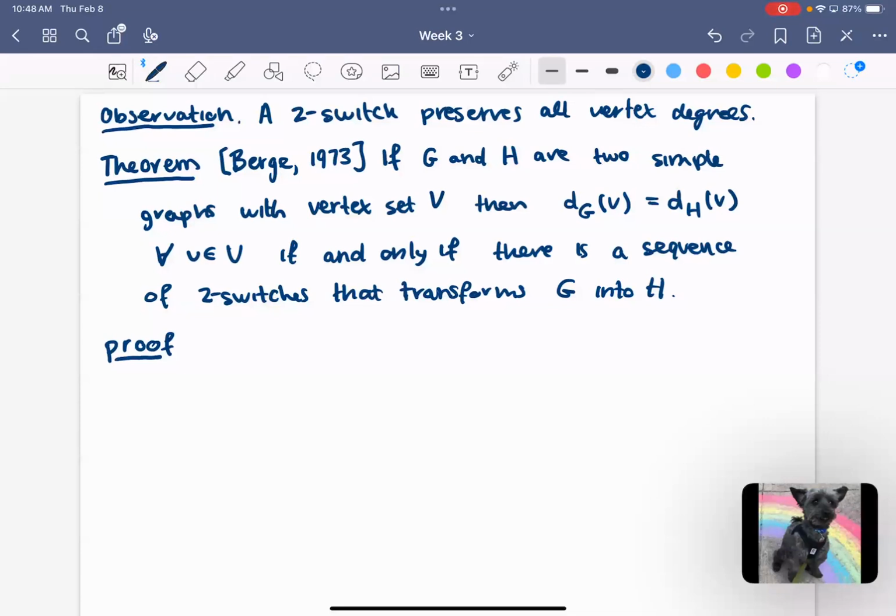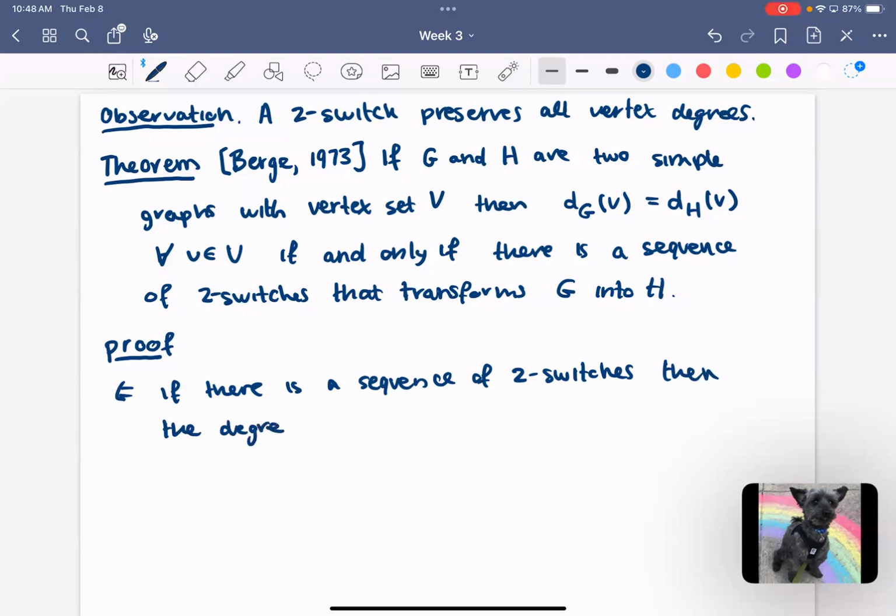So if there is a sequence of two switches, then the degrees are the same for all vertices.